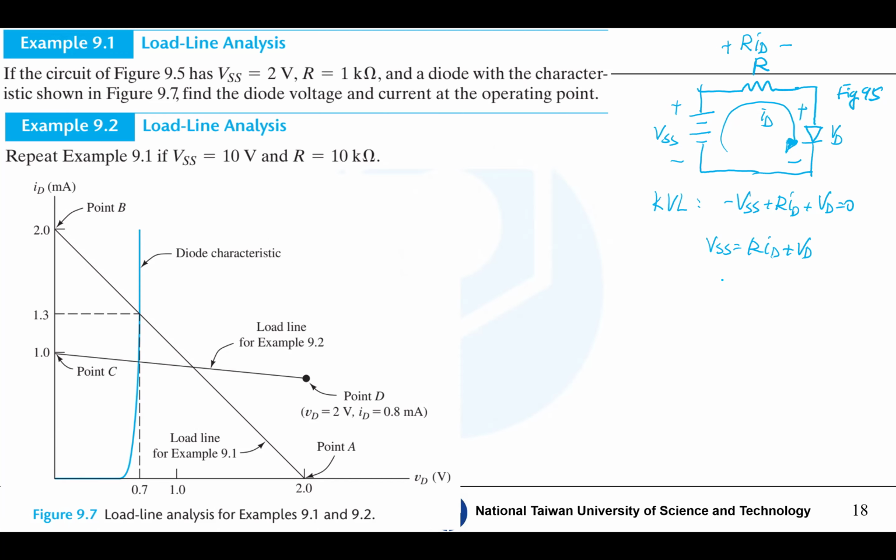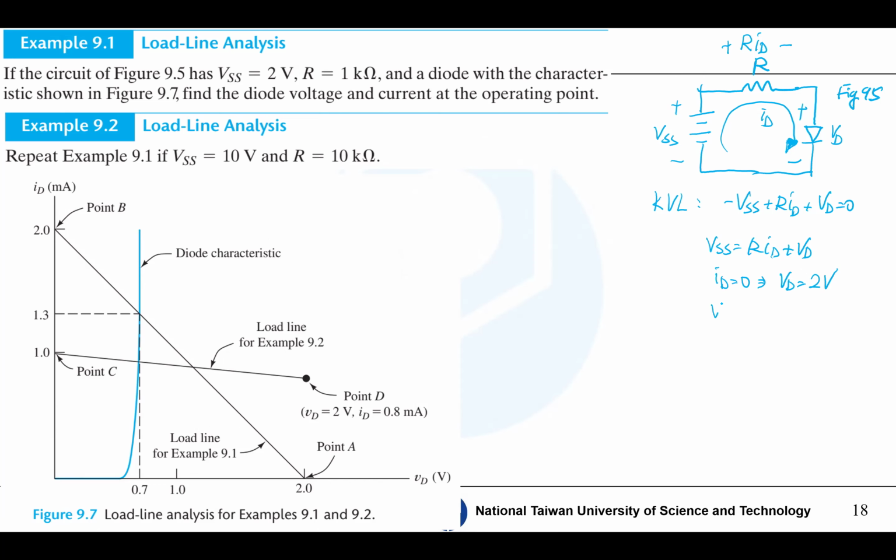When ID is 0, we have VD equals VSS, which is 2 volts.